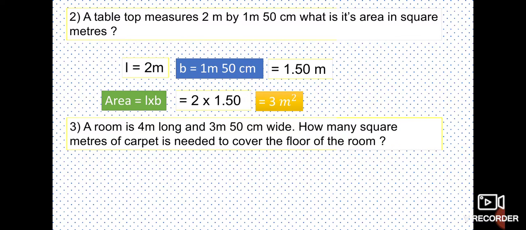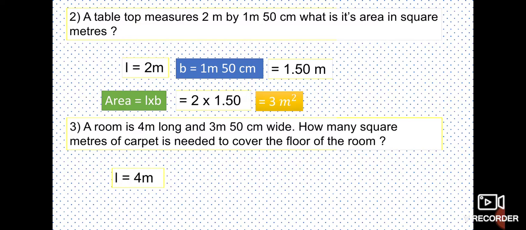For finding the quantity of carpet or tiling, we need to find area. In the last class, we studied for finding the fencing. Fencing means finding perimeter. Like that, quantity of carpet, quantity of tiles. So, we need to find area.